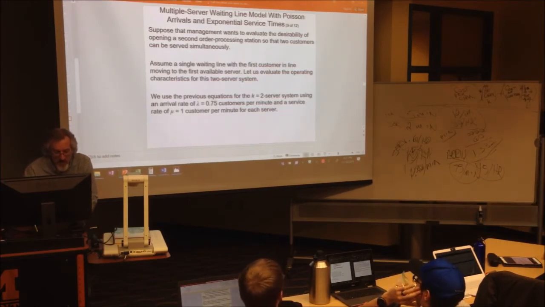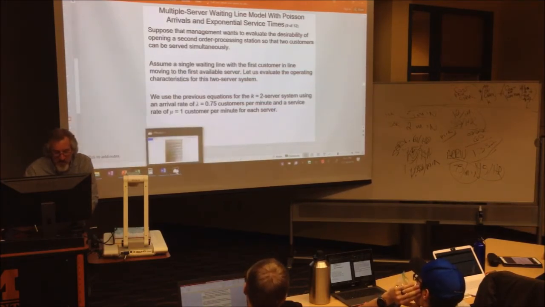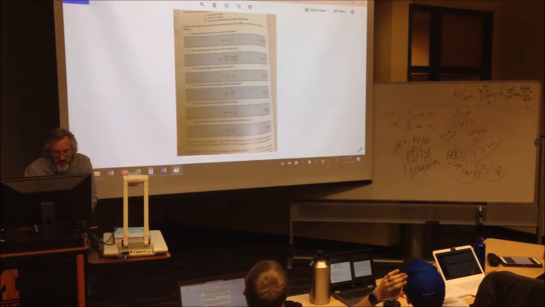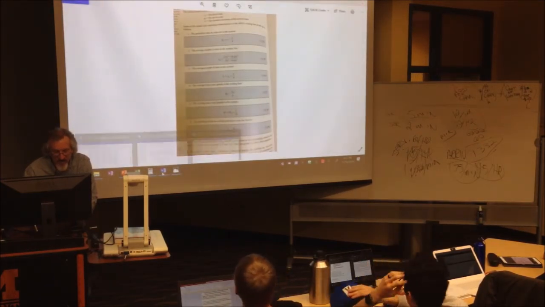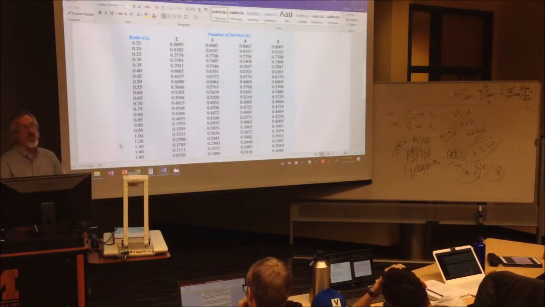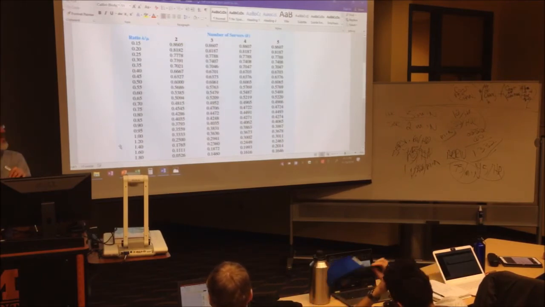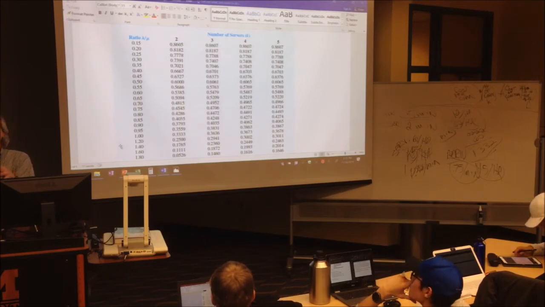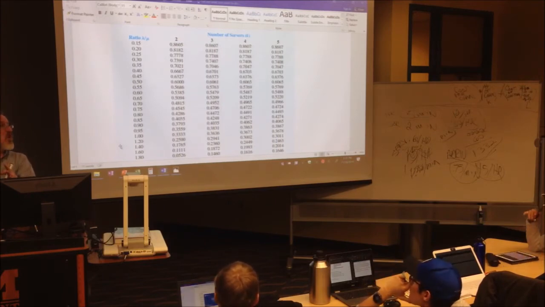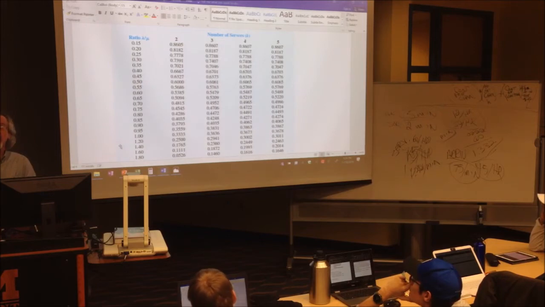So let's go to multi-channel. This is from Chapter 11 for multi-channel, that page with that table. And I said, don't calculate that first probability, the probability of no units in the system. You get it off that table, because it's much too large of a calculation.